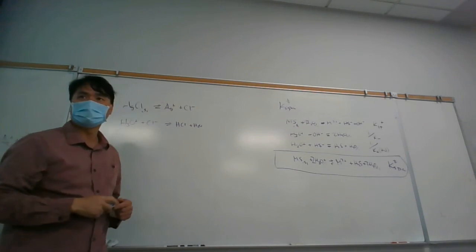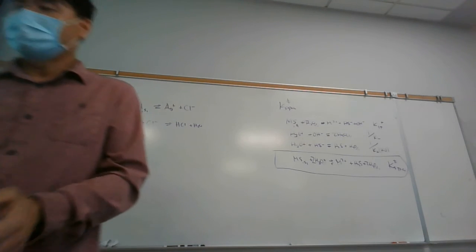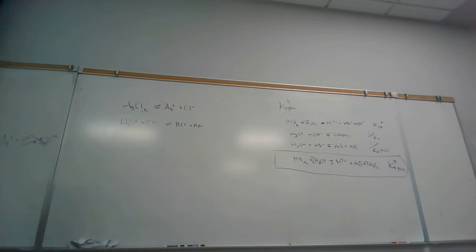In other words, is chloride good at neutralizing stomach acid? If you ran out of antacid, you can just use table salt as a cheap version of antacid. Table salt's a lot cheaper than antacid. Does it work? Why doesn't it work? It doesn't work because chloride is so weak a base, we consider it neutral.